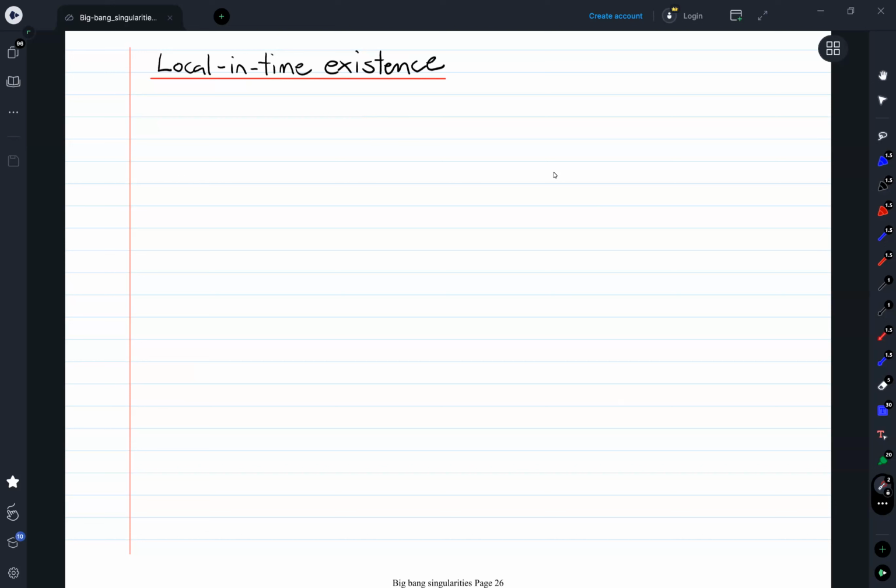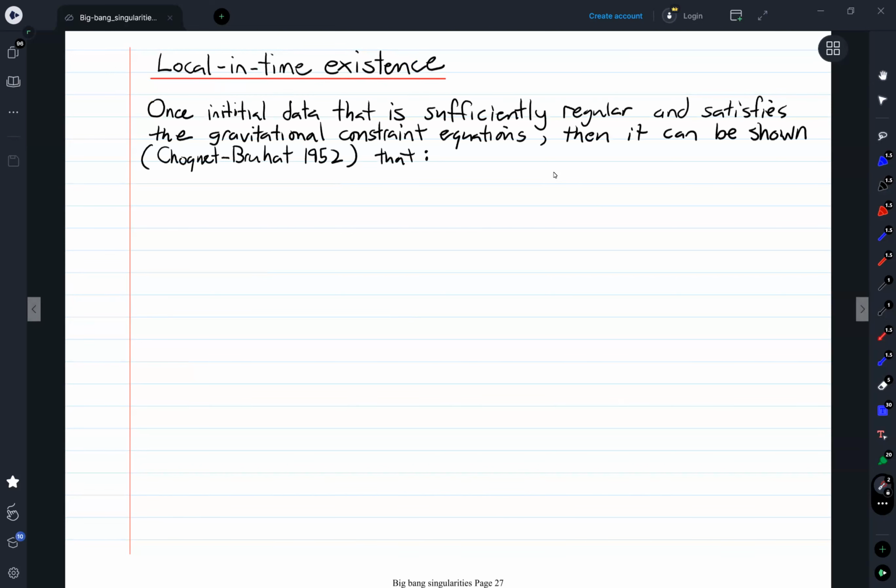So this is a local in time existence theorem for this initial data. The first local in time existence theory was first discovered by Choquet-Bruhat in 1952, and she did it for vacuum. Since then, people have figured out how to do this for the Einstein equations plus various matter sources, including the Einstein scalar field equation.